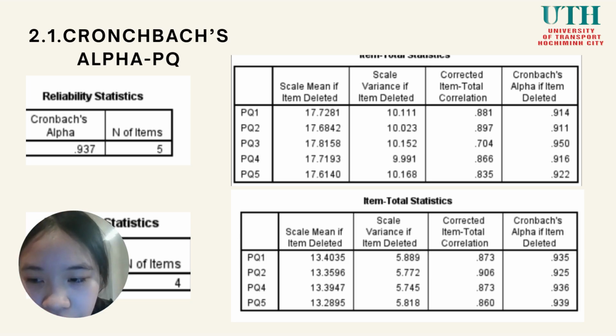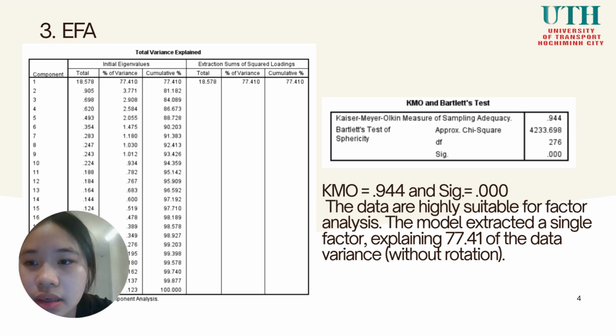Next, let us look at the factor structure of the remaining 24 items through exploratory factor analysis. In the exploratory factor analysis step, we conducted it for the 24 observed variables across four factors: PV, PF, EFP, and CS.